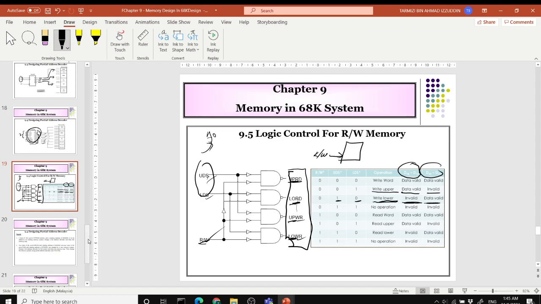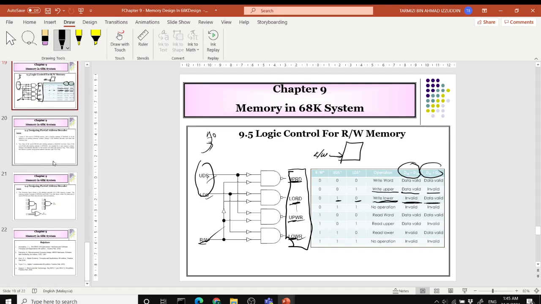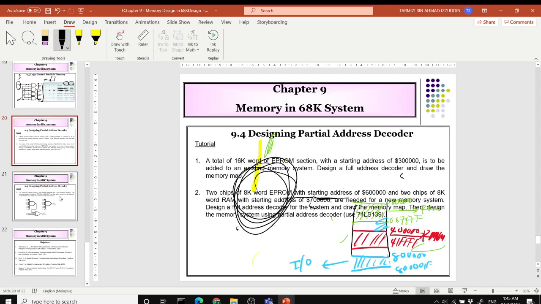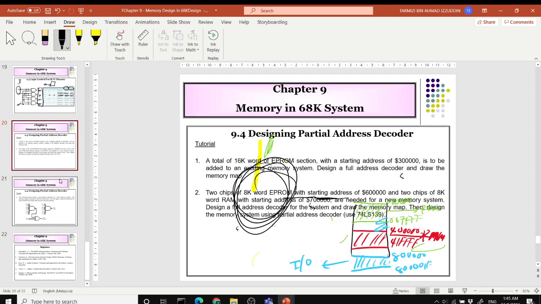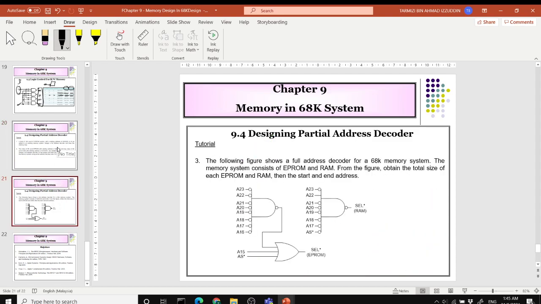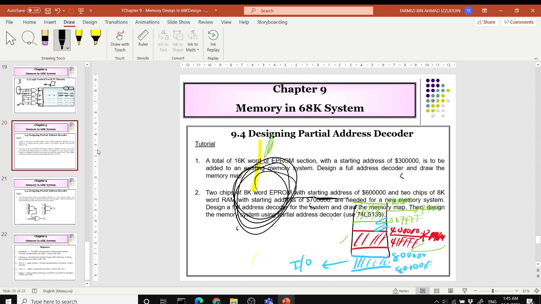So I think that's all for today. Before that, please have a look at this tutorial part. There are 3 questions over here. Make sure you do the tutorial, because I guarantee you that the memory section will appear in your final exam.